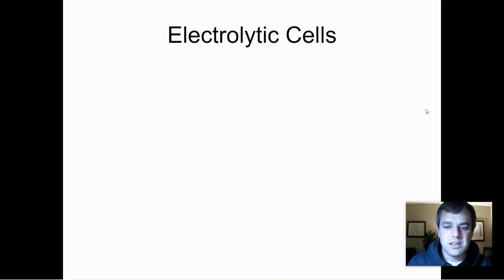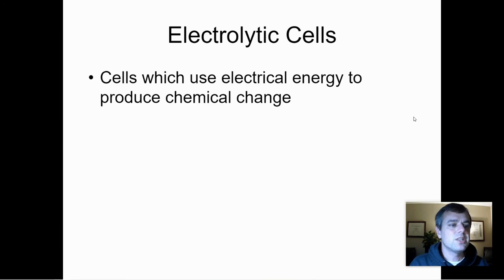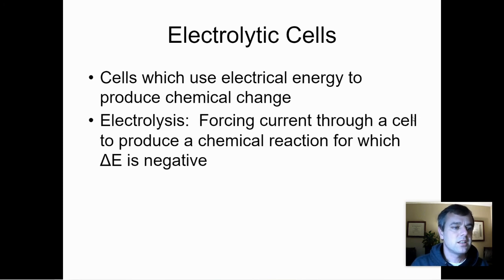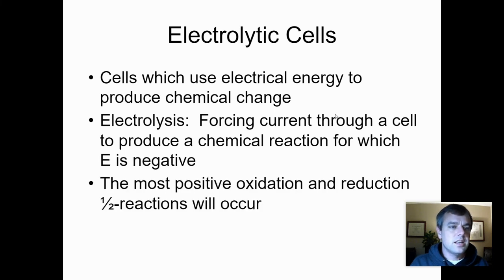The other thing I want to look at real quick is electrolysis, or electrolytic cells. These are ones that require energy. Electrolysis is when you're forcing a current through a cell to produce a chemical reaction for which E is negative and delta G is positive. And in an electrolytic cell, the most positive oxidation and reduction half reactions will occur.